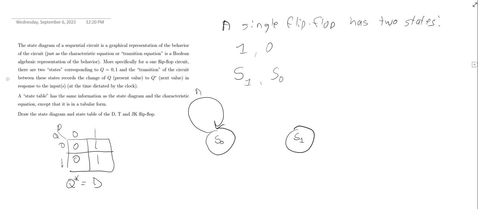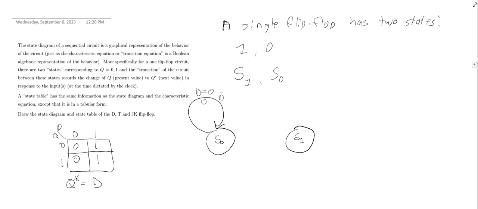And you can write D equals 0. I like to do it that way. You can also just write 0. You can also write D bar. Those are all things you can write.